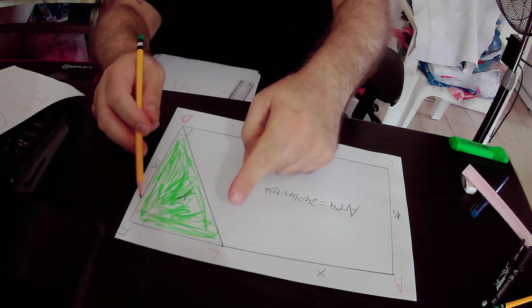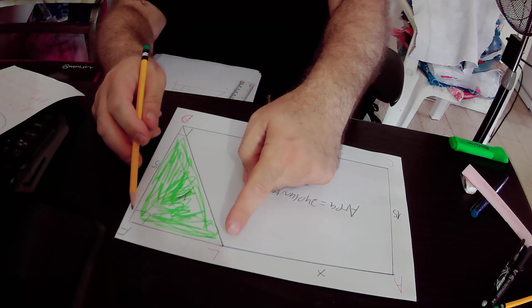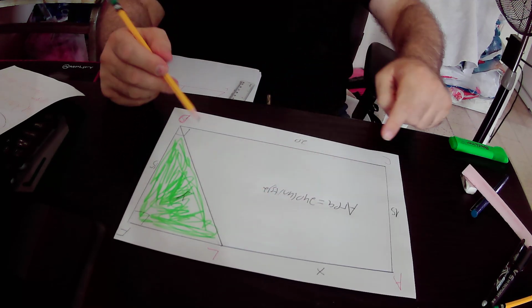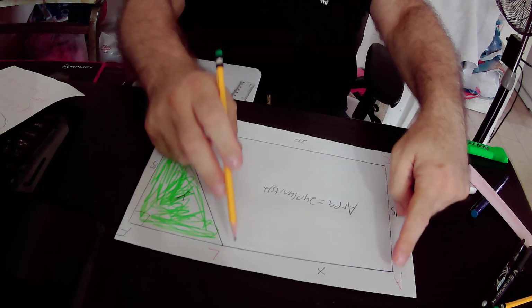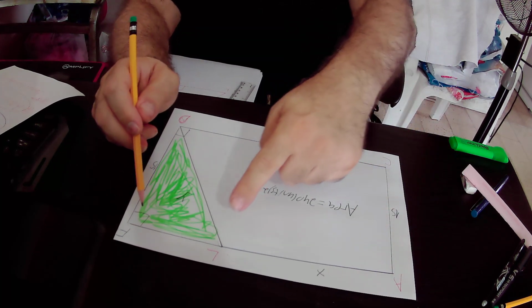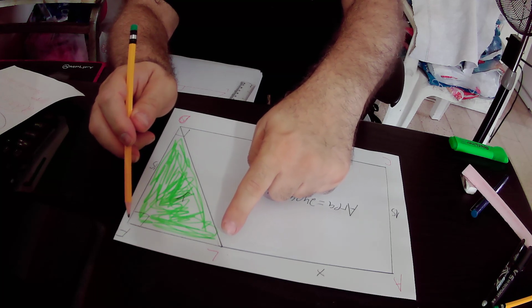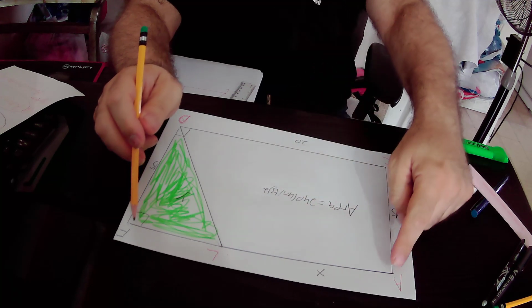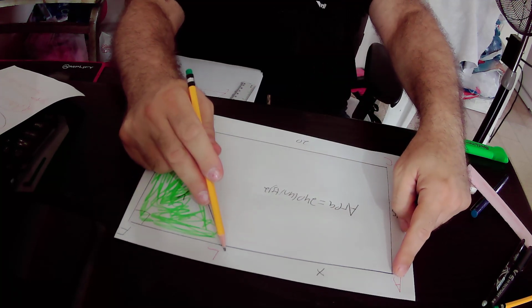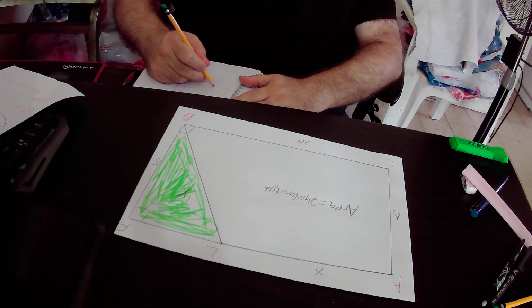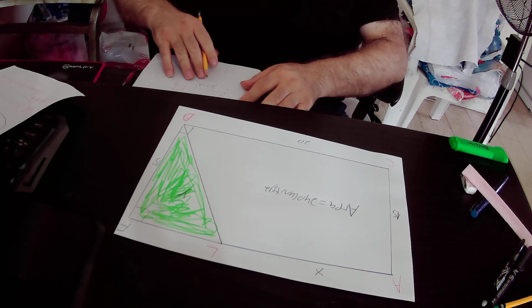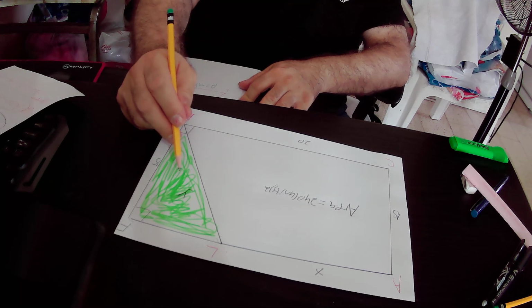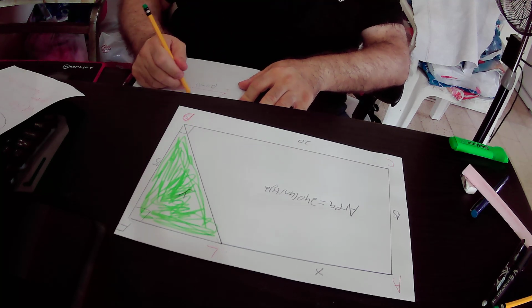The size of side LF of the green right triangle equals 20 units minus x.